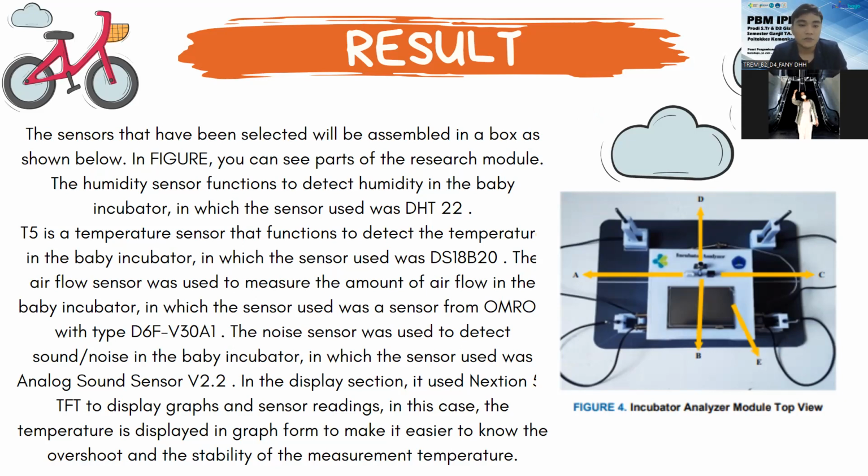The airflow sensor measures the amount of airflow in the baby incubator, and the sensor used was from Omron with the type D6F-V03A1. The noise sensor detects sound or noise in the baby incubator, and the sensor used was the analog sound sensor V2.2.